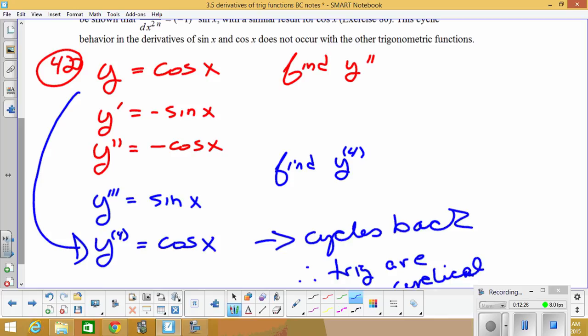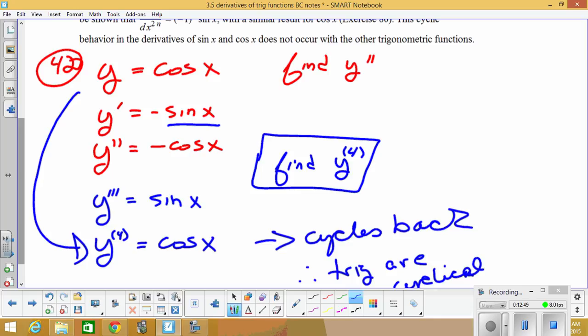The book asks find second derivative, or y double prime. So you go through the process and you say first derivative is negative sine x. Second derivative is you're leaving the negative and you're taking the derivative of the sine x, which is negative cosine x then. But if I wanted to find the fourth derivative of this, I just keep going.